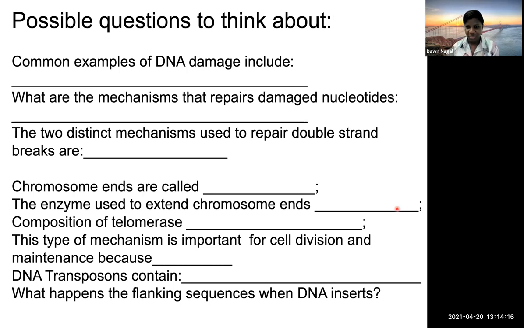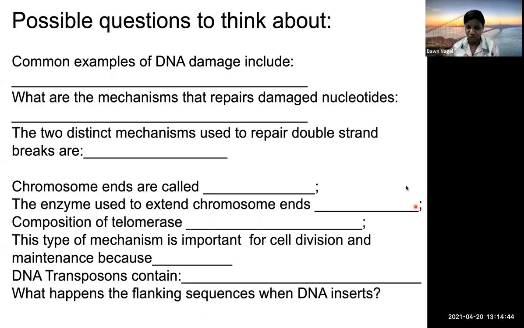Okay, so we're kind of a mix between the two. Yeah, so the two ways in which double-stranded breaks are repaired are non-homologous end joining and homologous recombination. Okay, base excision repair, maybe nucleotide excision repair, both of those will very rarely create double-strand breaks.